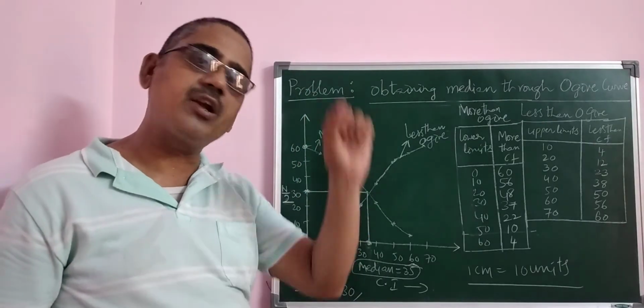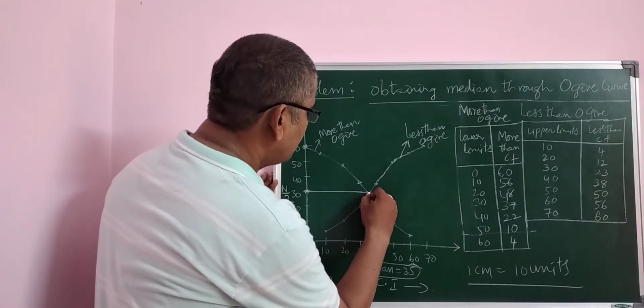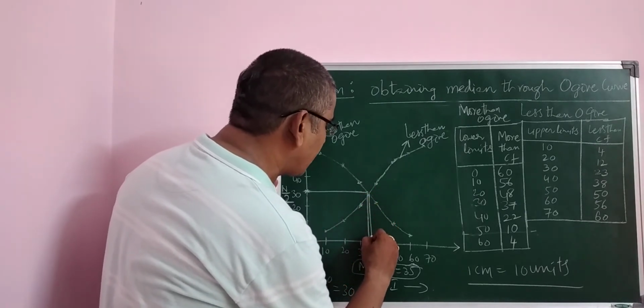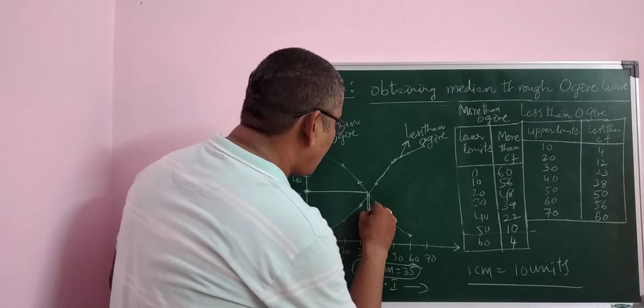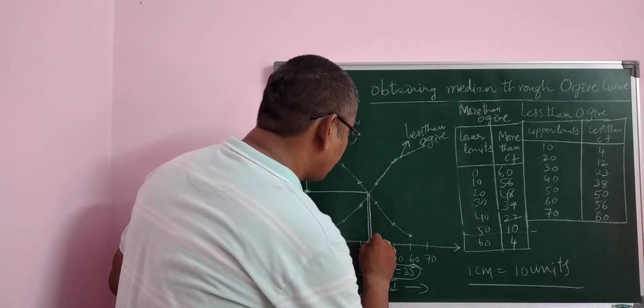From that intersection point, you will see a little change in my graph. From this intersection point, draw a perpendicular line which meets the x-axis.